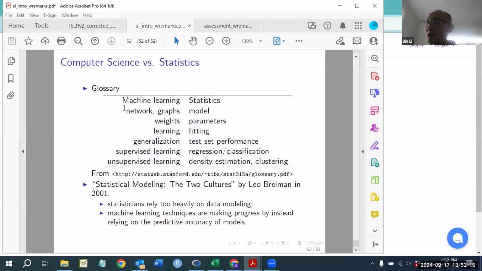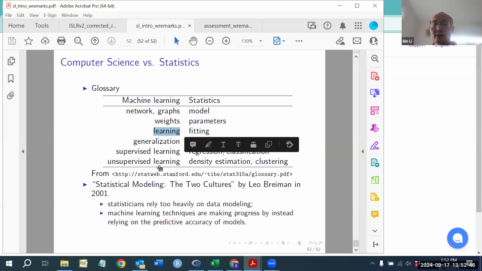Like here, when you see network graphs from computer science or machine learning, it corresponds to models in statistics. When we see weights in computer science, in the artificial neural network, in statistics we call them parameters. And estimated weights are the estimated coefficients, okay?